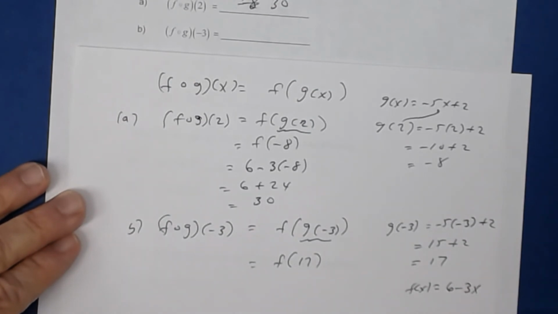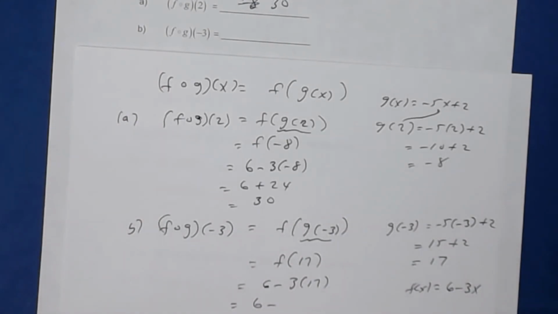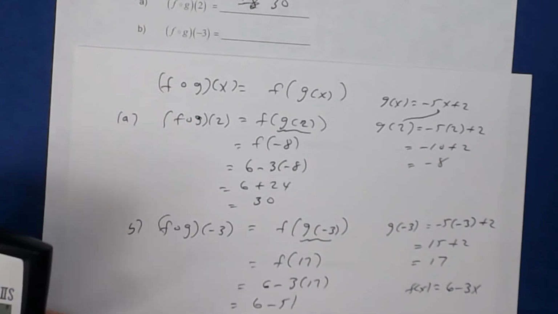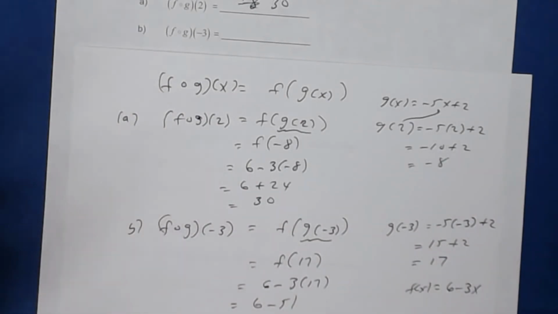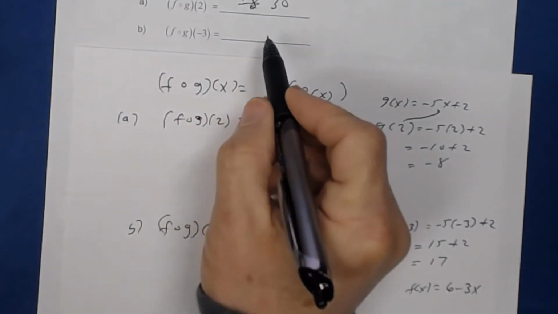Where we see the variable, I substitute 17. So it becomes 6 minus 3 times 17. 3 times 17 is 51, and 6 minus 51 gives you negative 45. So that goes here, negative 45.